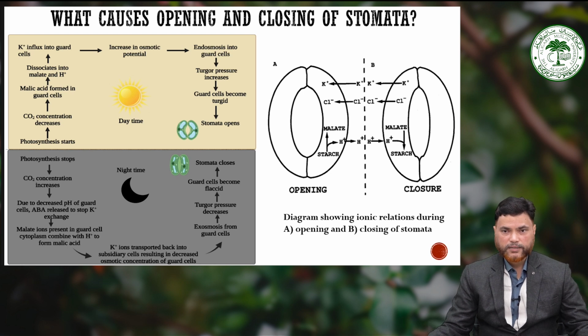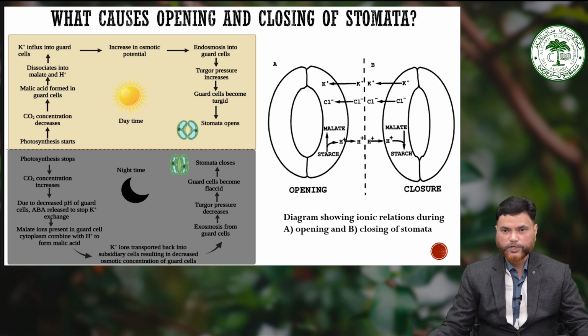This malic acid then breaks into malate and hydrogen ion. These hydrogen ions move out of the guard cells with the help of ATP driven pumps and pass to subsidiary or epidermal cells. Now, what happens once these protons pass out of the guard cells?